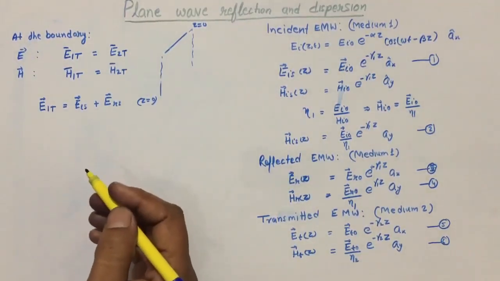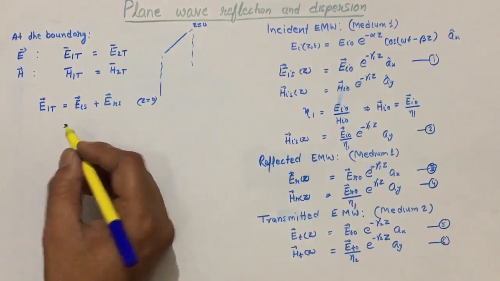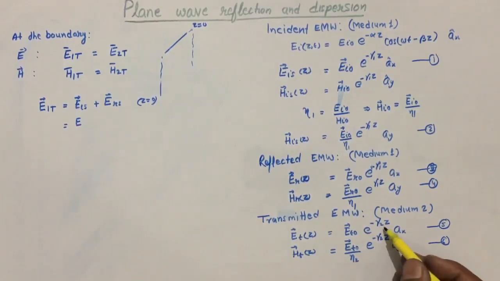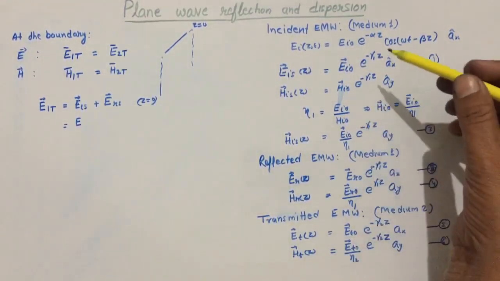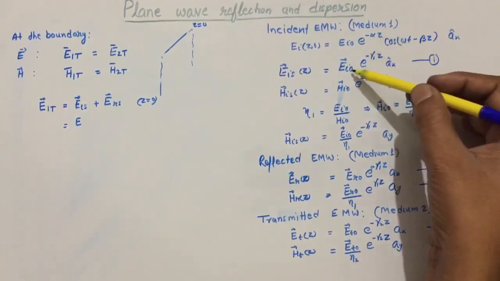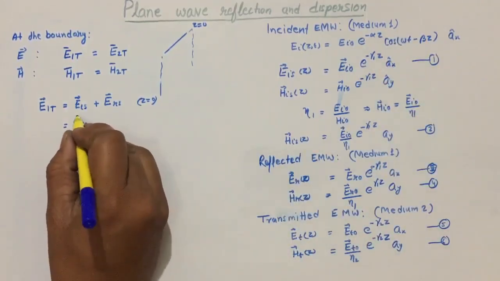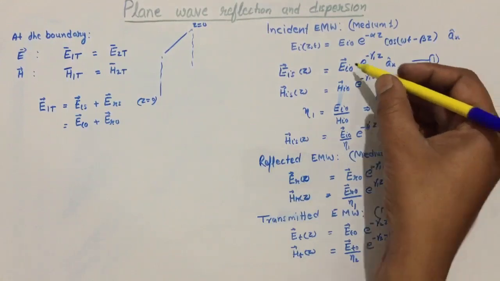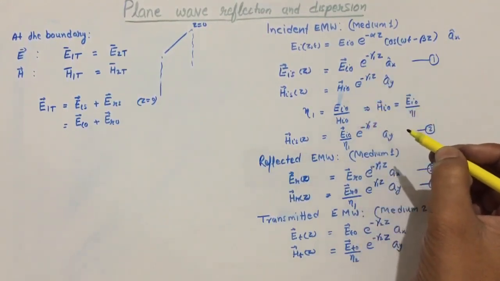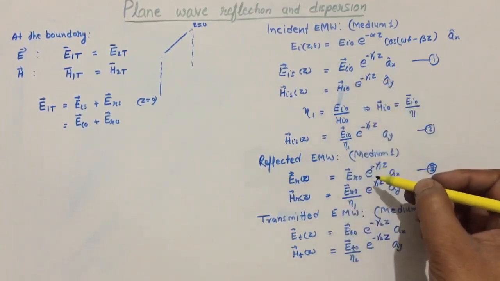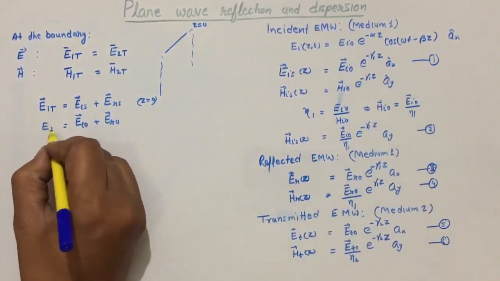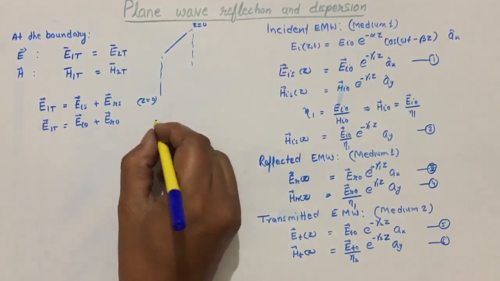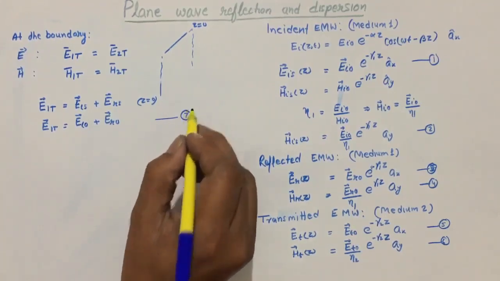And if we write at the boundary z equal to 0, it will be E_i naught plus E_r naught, from here and from here. That will be the tangential component of the electric field at the boundary. So we can say this is equation number 7.